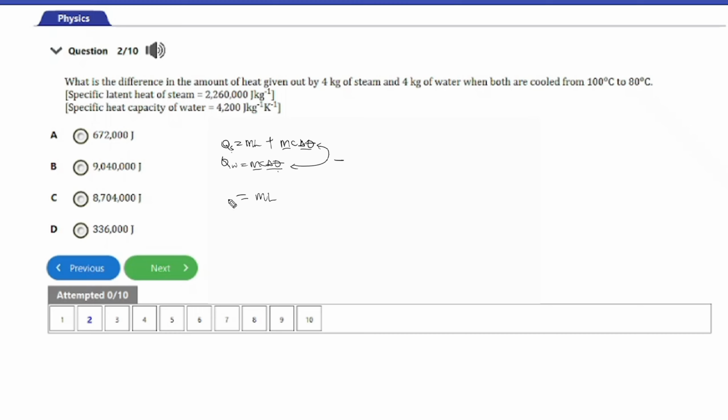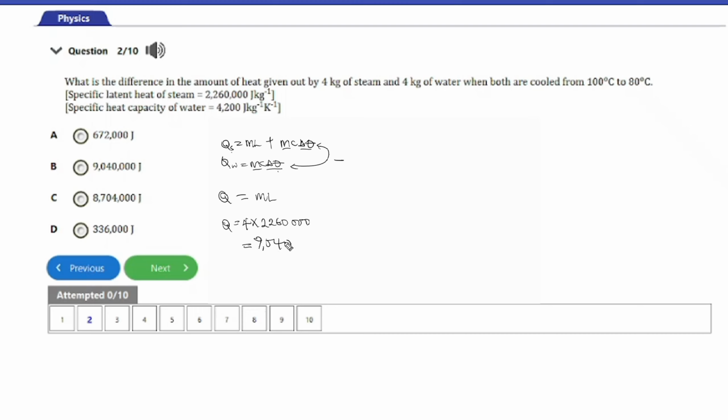So ml here is the mass 4 kg times the specific latent heat, which is 2,260,000 joule per kilogram. If we multiply this by 4, we get 9,040,000 joules. So that's option B here.